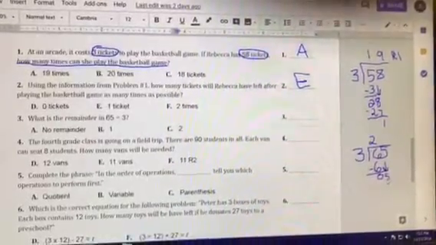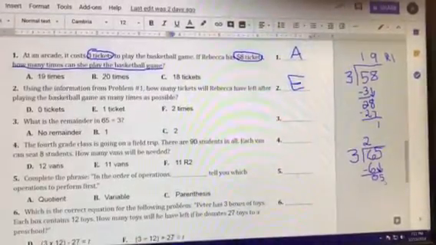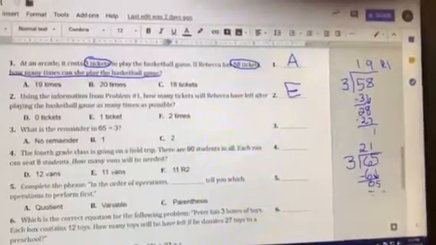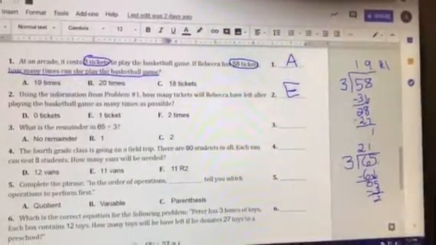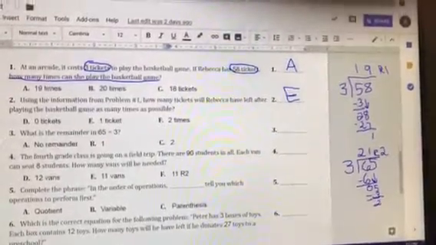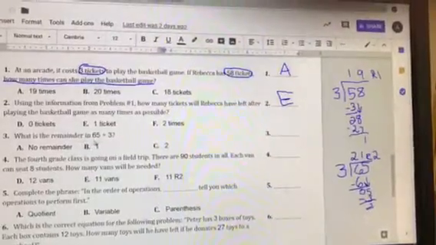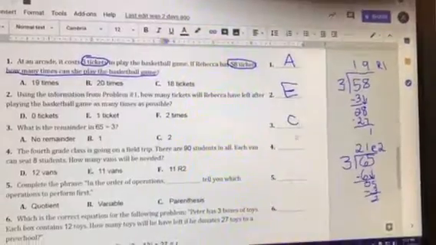Now I repeat again, asking this time, how many times can 3 fit into 5? 3 can fit into 5 only once, and we see that there's 2 left over. That means that we have 21 remainder of 2 as our answer. And since they are asking what is the remainder in 65 divided by 3, our answer is C, 2.